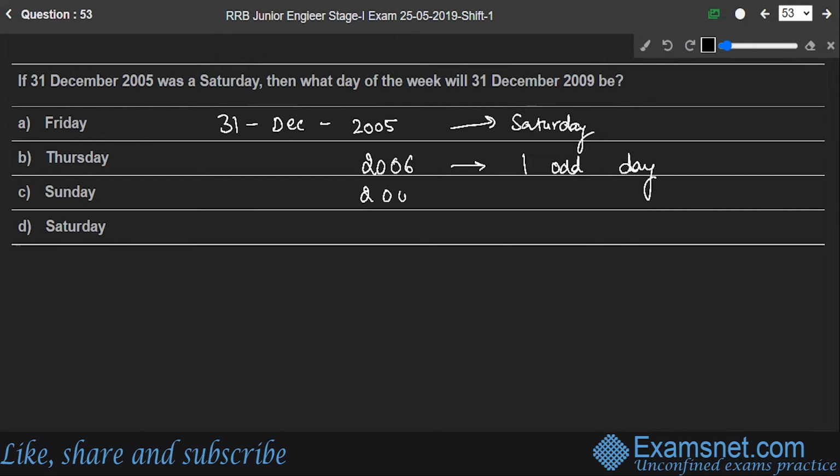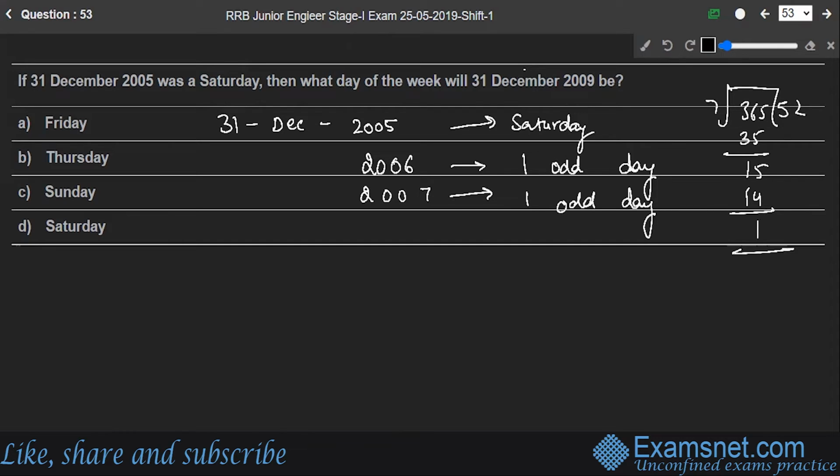And for 2007 also I have one odd day. See, 365 divided by 7 gives me one odd day, okay? And 2008, this is a leap year, so that means 366 days. In that case, I will have two odd days.